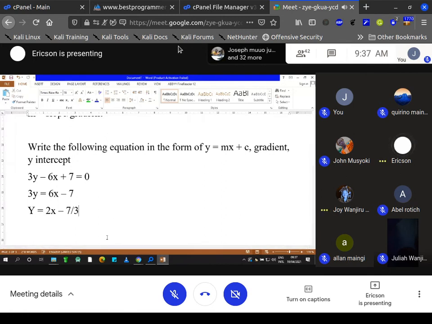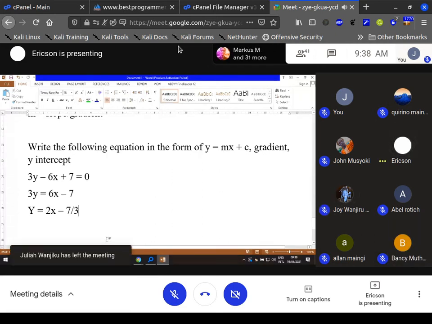So from there, I have a question. How do we use the y-intercept when drawing the graph? That is where I want to go, and we'll be looking at that right away.